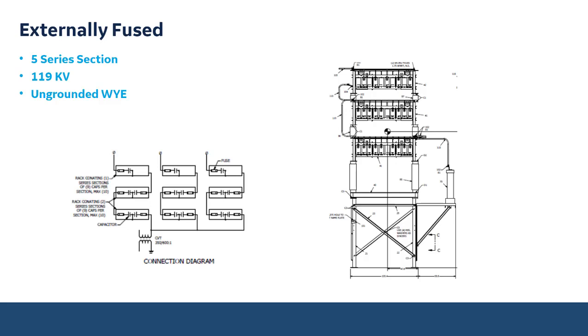You'll also notice that on a 119 kV system, you have insulators for that required BIL, and a voltage transformer that monitors the neutral for that unbalance.